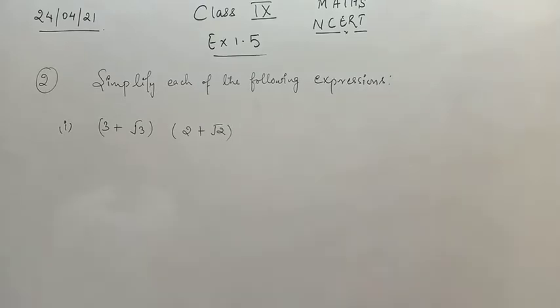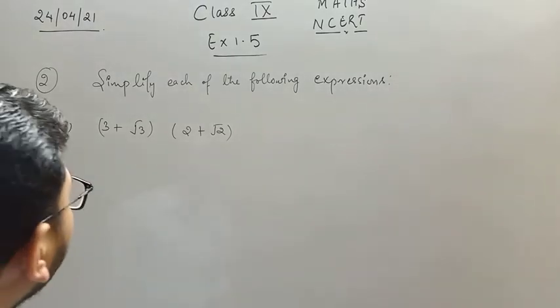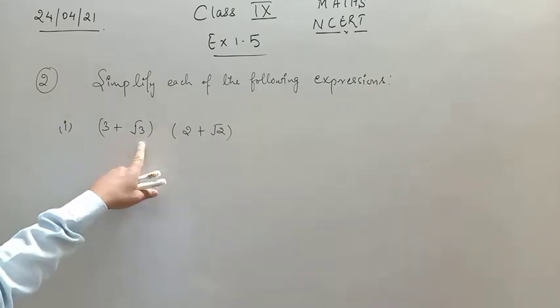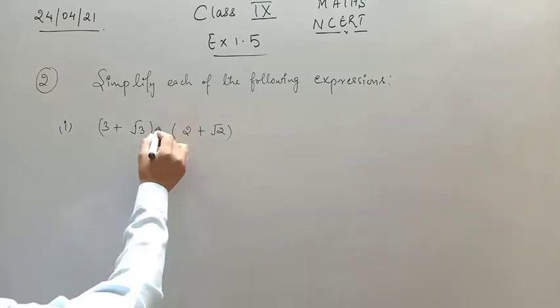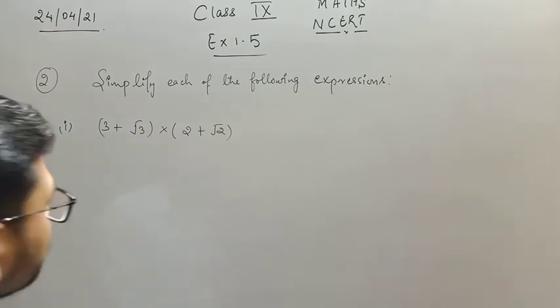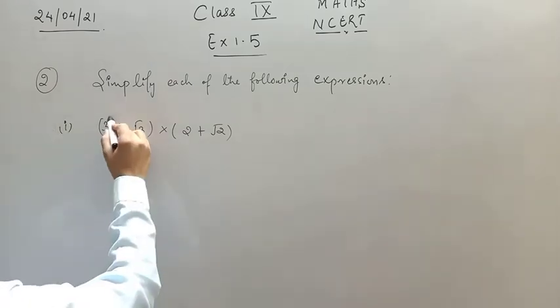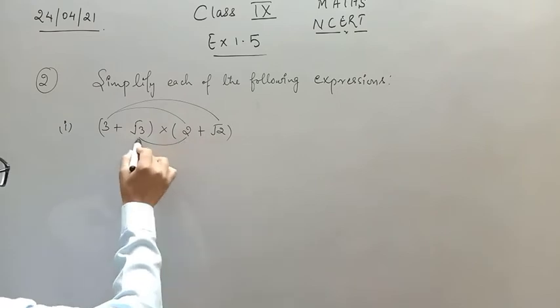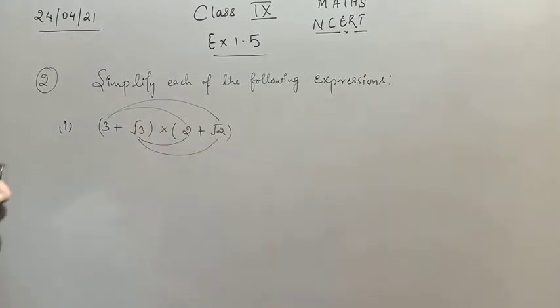Now see, the next question is, simplify each of the following expressions. The first question is 3 plus root 3 multiplied with 2 plus root 2. As I have already told you how to multiply these two values, right?